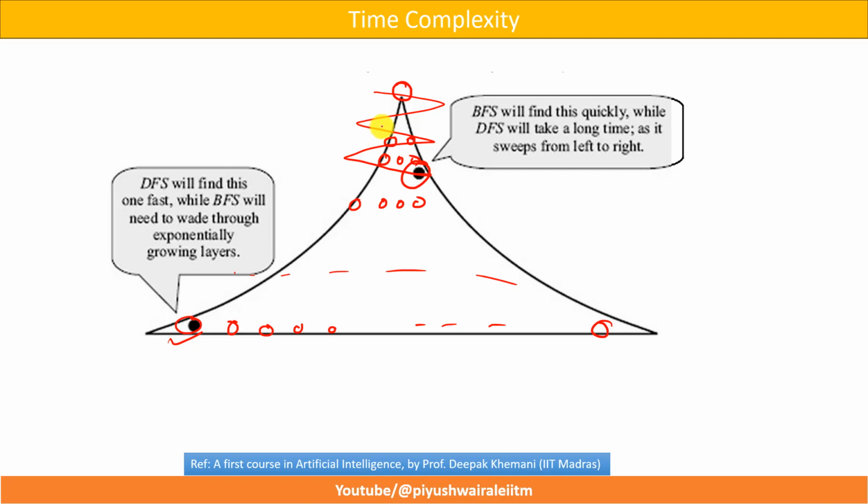But DFS will track one particular path and try to search until the dead end is reached, then it will backtrack. So in this way, it will take more time for DFS to find this particular node, right? But in the case of BFS, it will find it quickly, right? I hope you understand what I want to say from this particular graph.